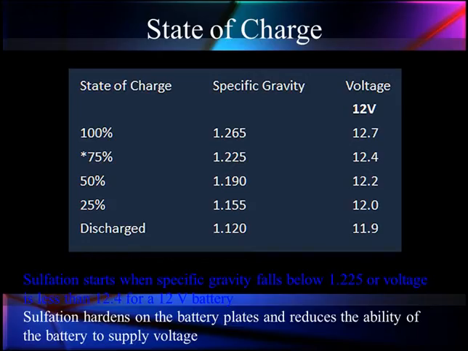Sulfation hardens the battery plates and reduces its ability to supply voltage and to accept a current. It's a theory of reciprocity. If it fights a charge, it will not store enough electricity to provide a discharge capability. Keep in mind, it's the same thing. If I can't charge, I can't supply.